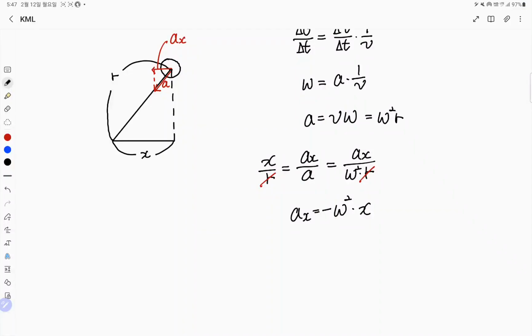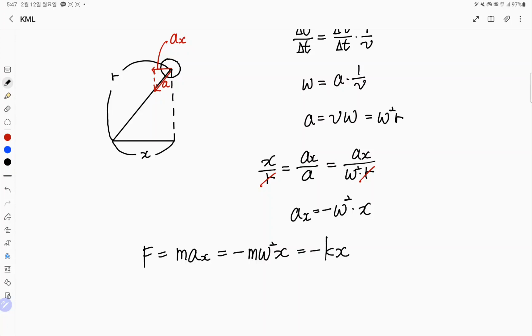And the restoring force is mass times acceleration. So we can have this expression for the restoring force.